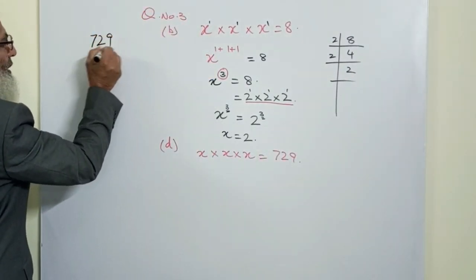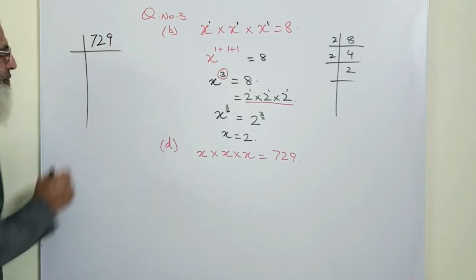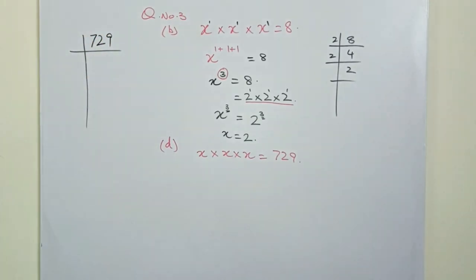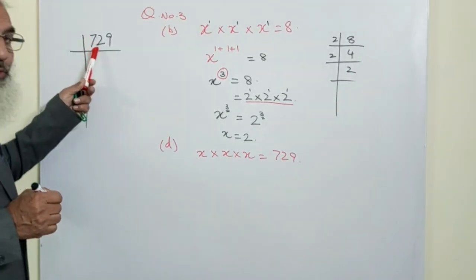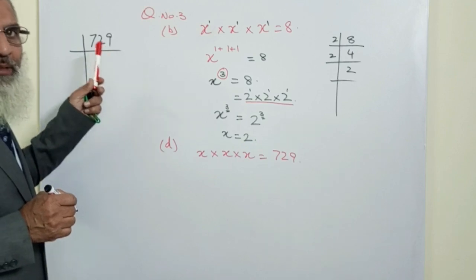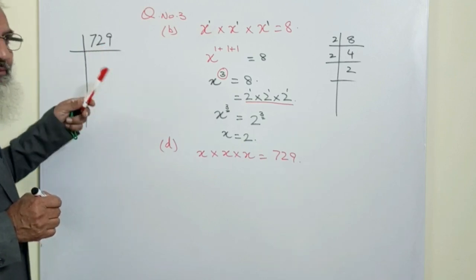I hope this is visible to you. Yes, it is visible to you. Now what I told you is that we go to the smallest prime number to find the prime factors.